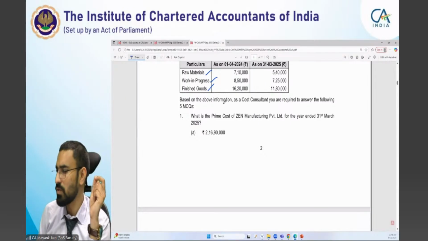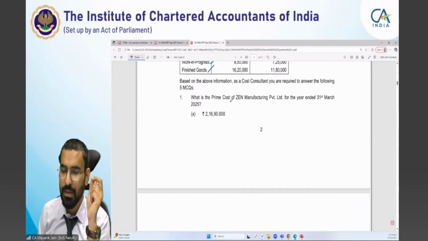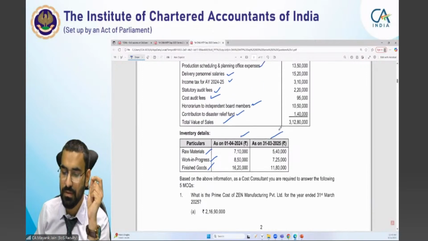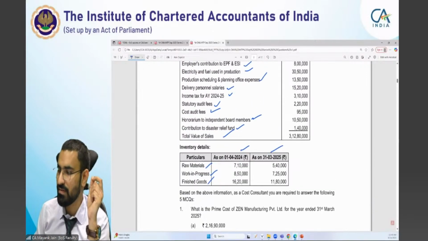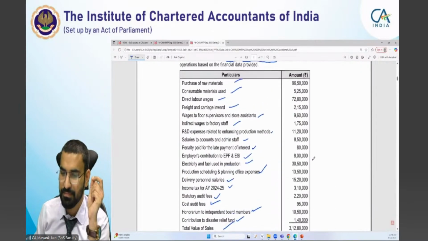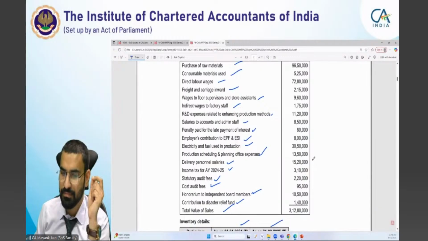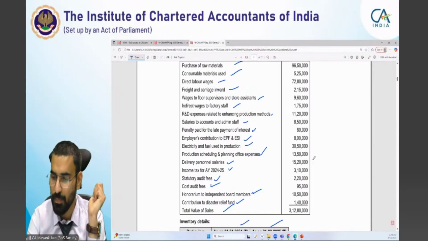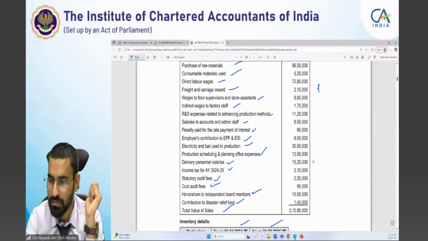So we'll read the question. What is the prime cost of Jain Manufacturing Private Limited for the year ended 31st March 2025? So we'll start with the formula, prime cost. What is prime cost?